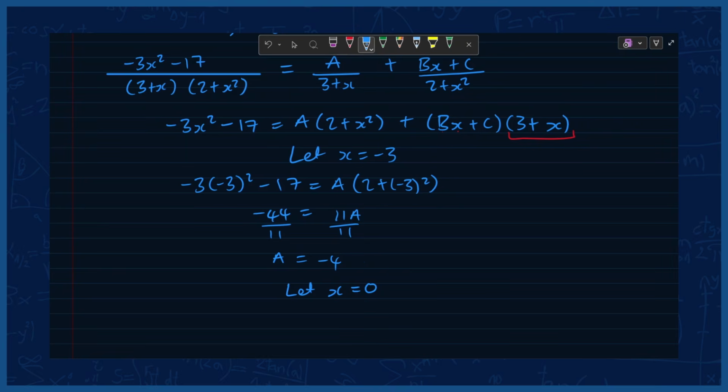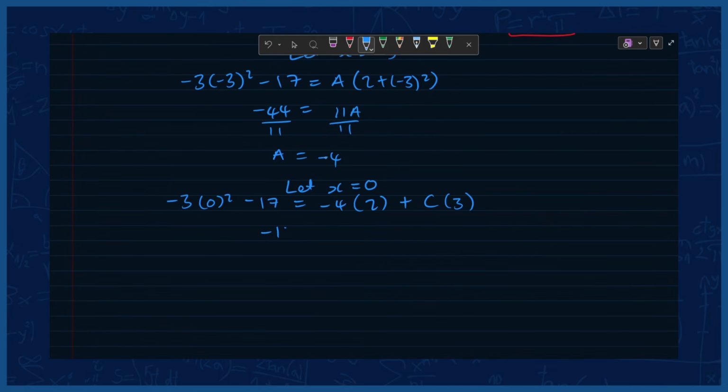So that ends up being negative 3 multiplied by 0 squared minus 17 is equal to a, which is negative 4, times 2 plus 0, so just times 2, plus the b falls away, so I've got c multiplying 3 plus 0, so 3. And so here I just have negative 17 is equal to negative 8 plus 3c.